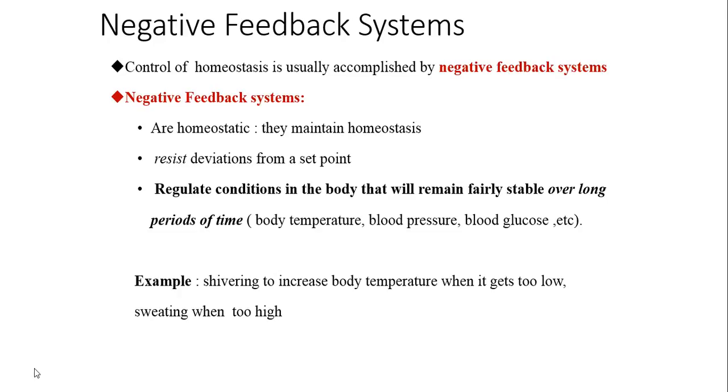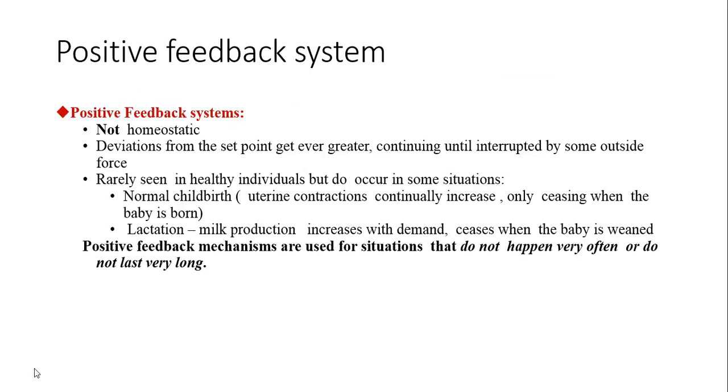And so you can see that in each case, the body is trying to bring that variable back within normal physiological limits, within that normal range to the set point. Just like the thermostat in your house. When the temperature gets too high, then the air conditioner is going to come on to bring the temperature in the house back to wherever you set it, your set point.